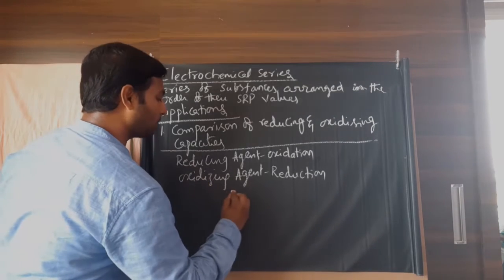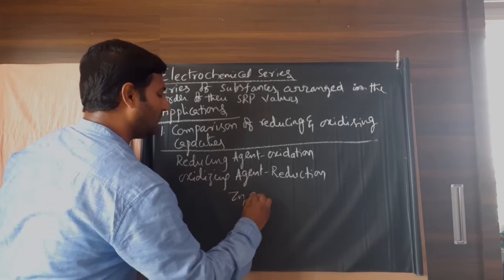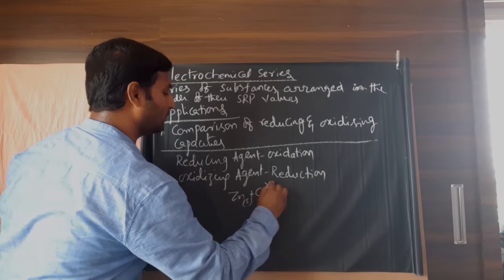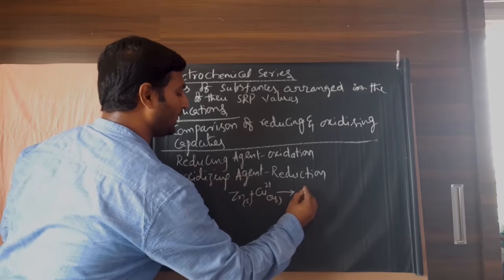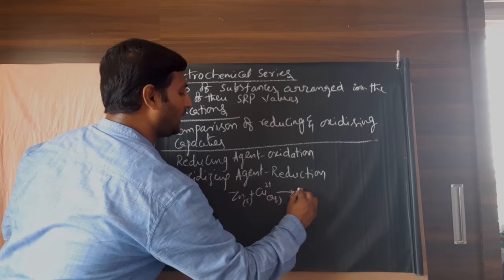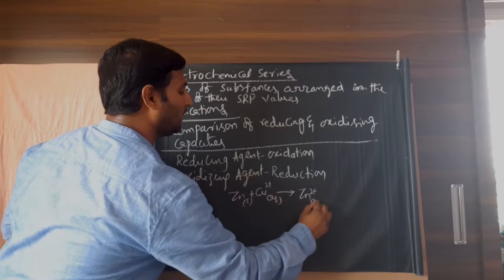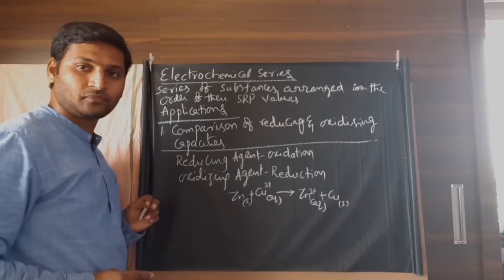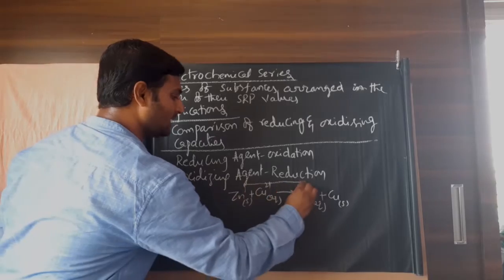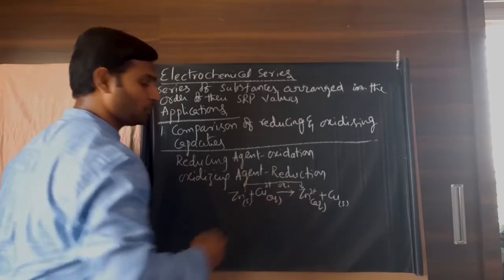For example, again, I will take the cell reaction of the Daniell cell. Metallic zinc, when treated with aqueous copper, is producing aqueous zinc ions and depositing metallic copper, right? Here, zinc is undergoing oxidation, as you can see.